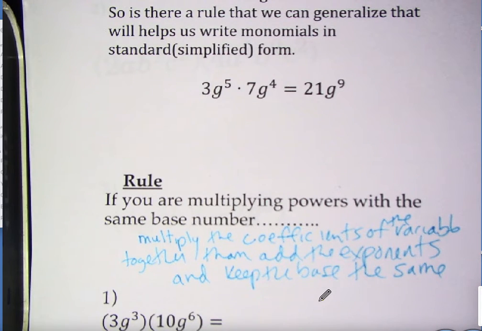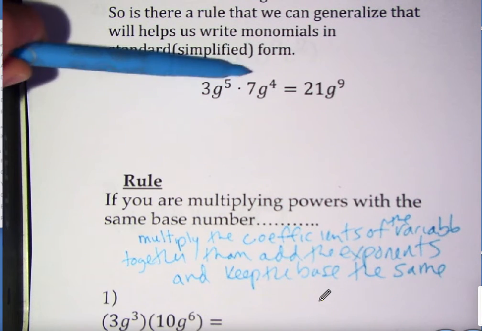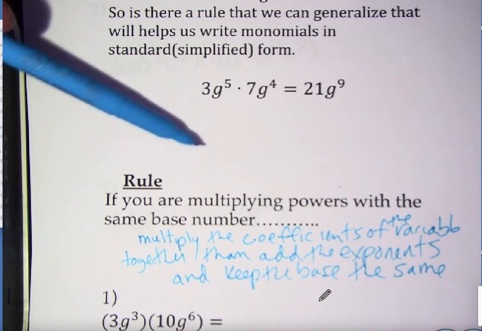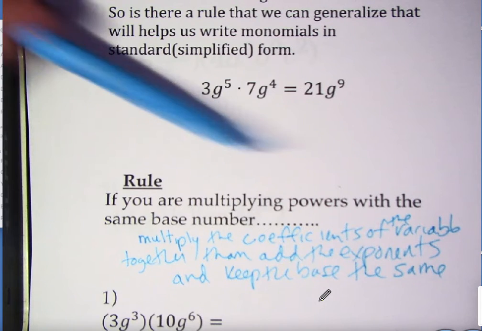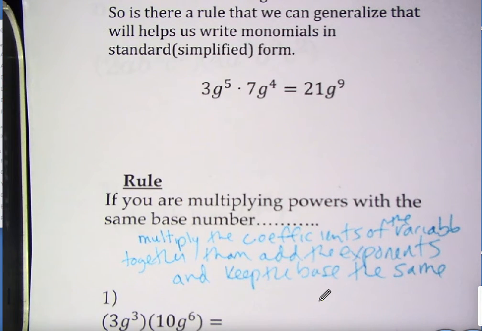Right? And I think that's what we're saying. You multiply any coefficients, 3 times 7, then add the exponents and keep the base numbers the same.